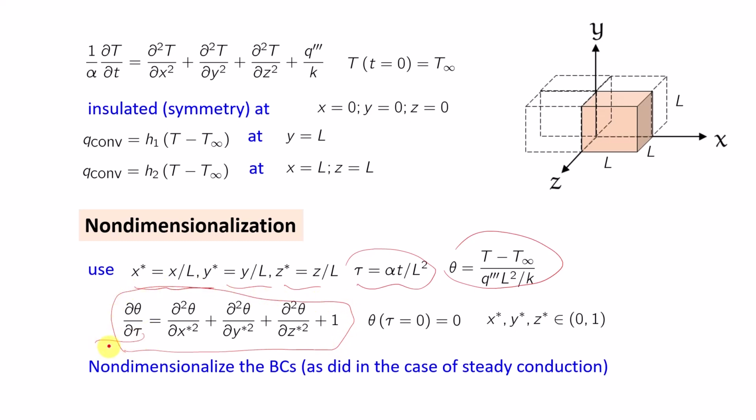Here tau is our Fourier number, alpha t by L square, and theta is my dimensionless temperature, T minus T infinity over Q triple prime L square by K. I didn't do the BCs here, but I think you already know how to go about it, and you should be able to non-dimensionalize the boundary conditions as well. You will get Biot numbers, probably two different Biot numbers in two places, or you can use one Biot number and one H ratio as your parameters.